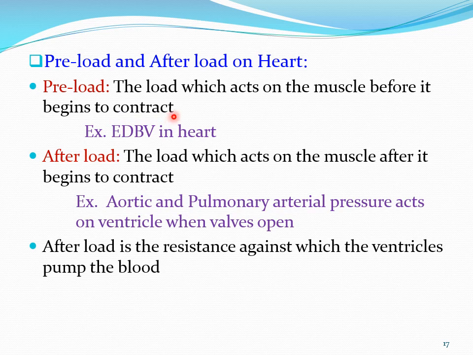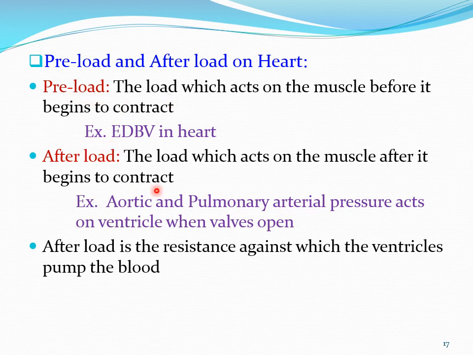So the load acts on the muscle before its contraction. For example, in the heart the end diastolic volume, meaning how much blood is accumulated in the heart at the end of diastole, acts as a preload.